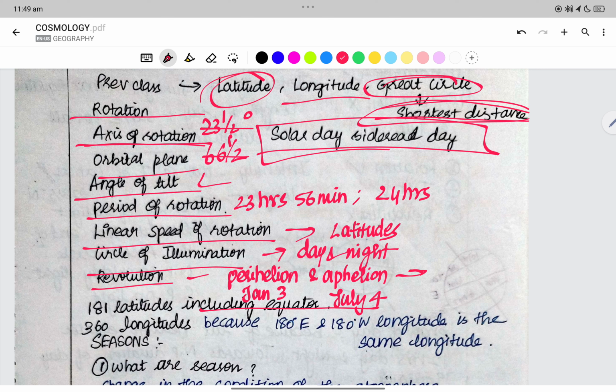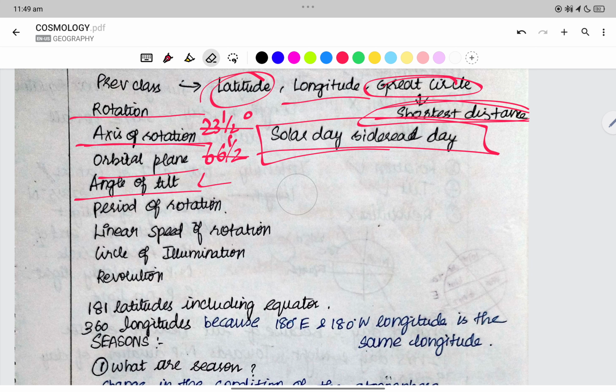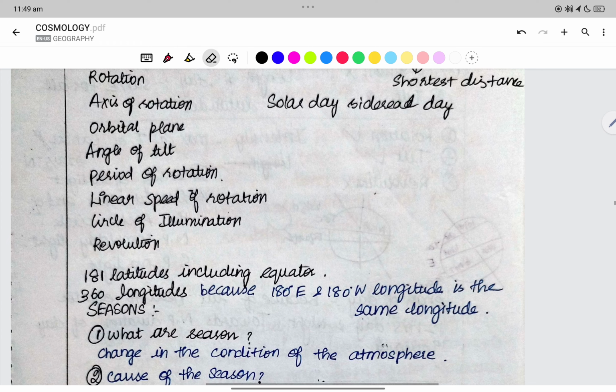So we have the gravity, and gravity is directly proportional to the revolution speed. Okay, gravity is directly proportional to the revolution speed.